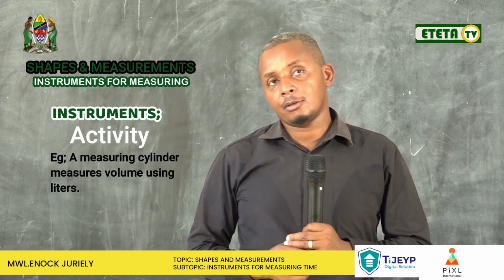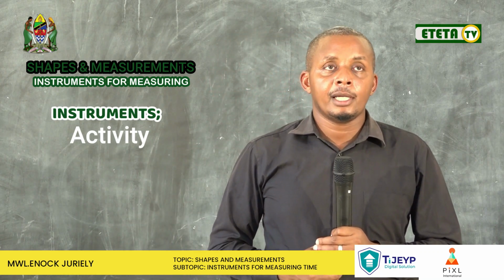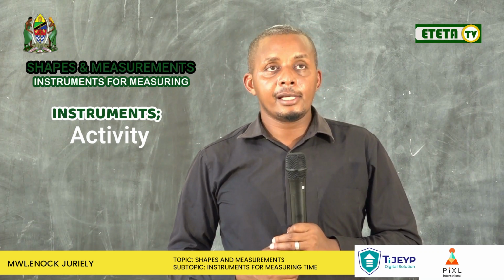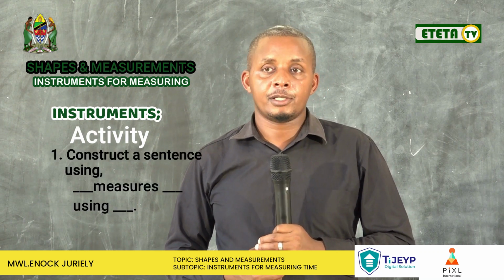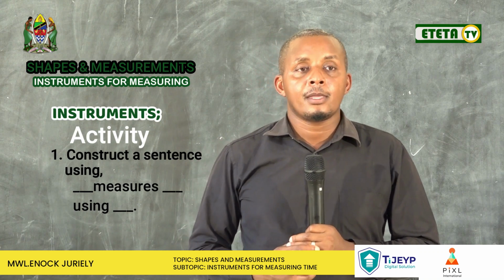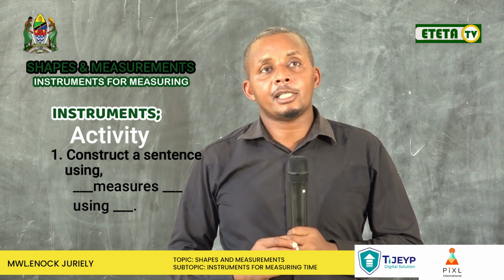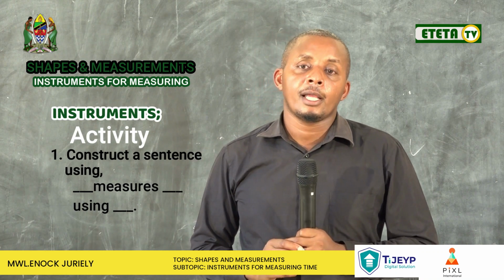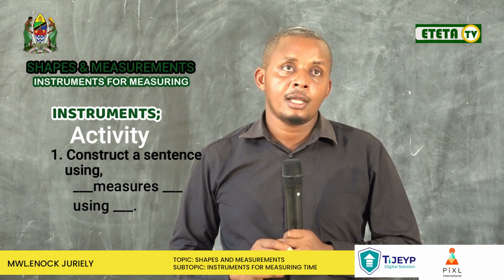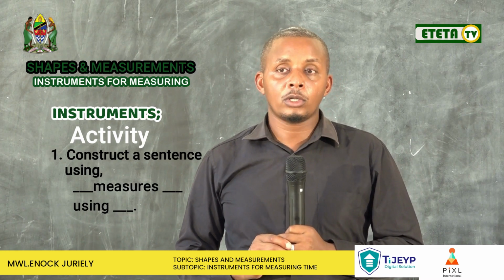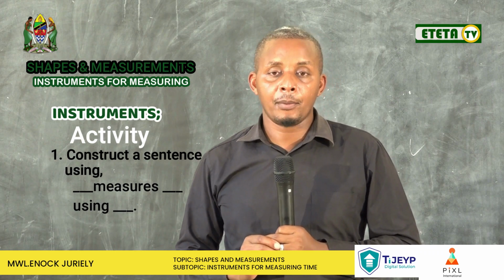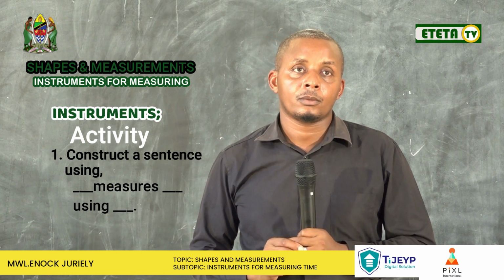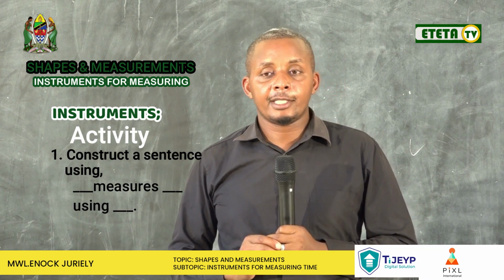Now, construct a sentence using the pattern: a dash measures dash using dash. Take those measurements which I taught you and write them down, then state what measures what as you see from my examples. That is the first task.